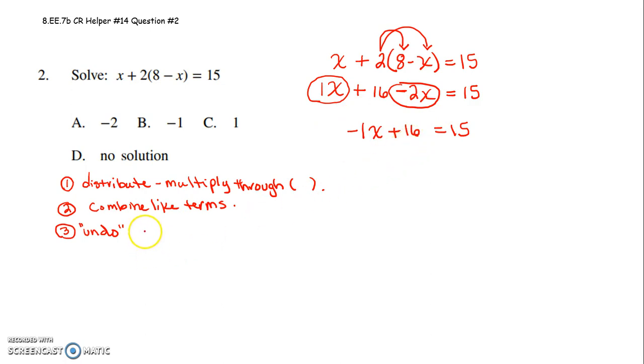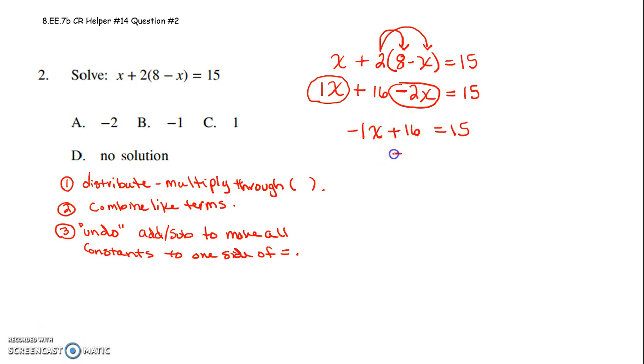And now you want to undo any addition or subtraction to move all constants to one side of that equal sign.